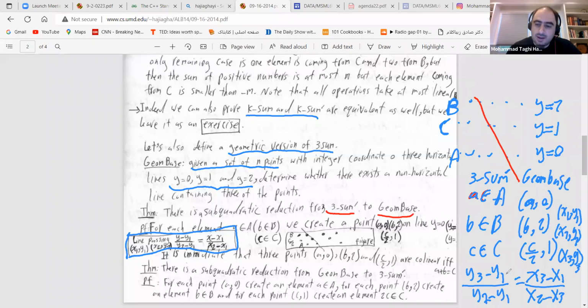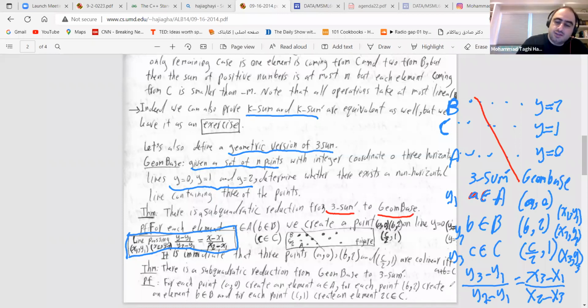Let's consider y1 becomes this point, then y2 is this, and y3 is this one. So what would be y3 minus y1? Of course, y3 minus y1 would be 1.